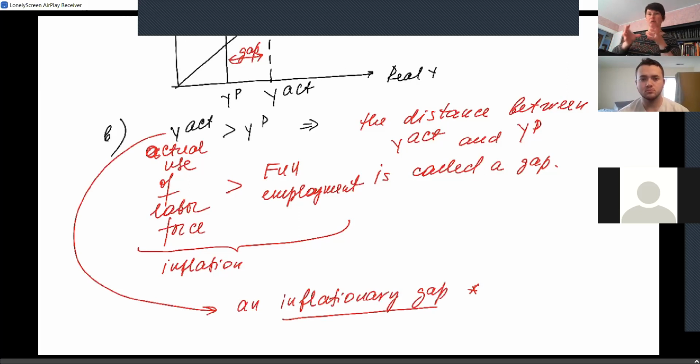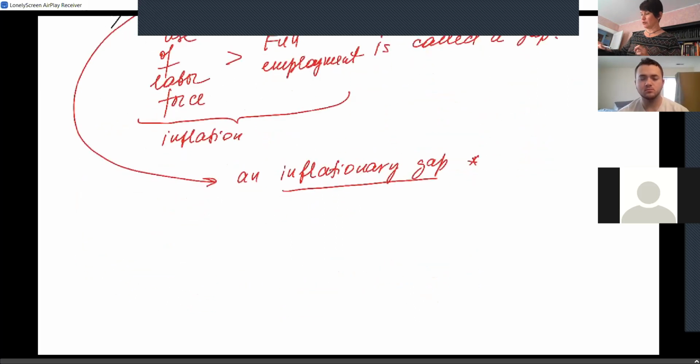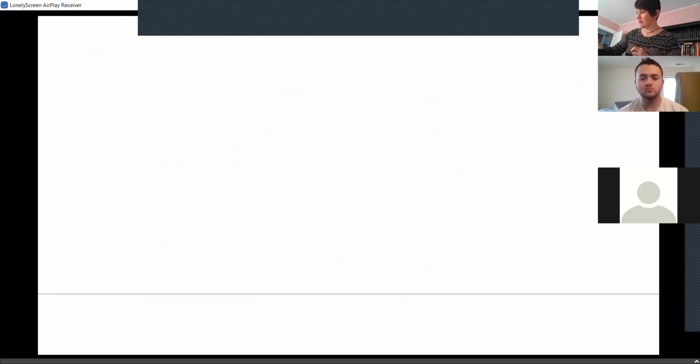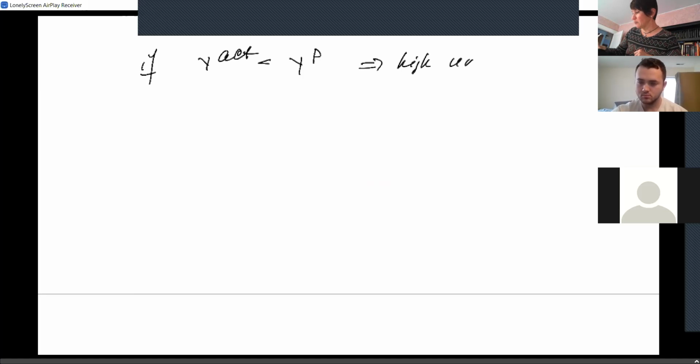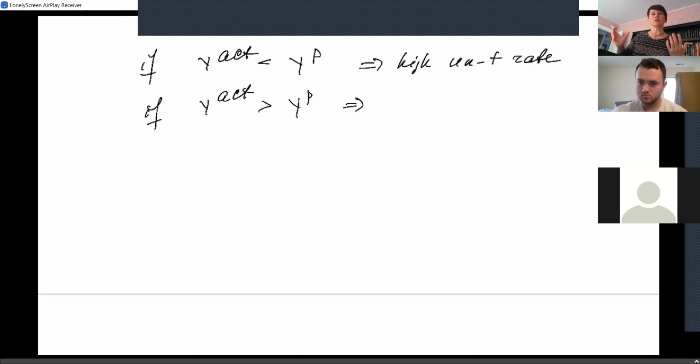Let's move to a very important conclusion. I'm going to move to a new page. When actual GDP falls below potential, that is bad, and leads to a high unemployment rate. If actual GDP exceeds potential, that leads to a continuous increase in prices, inflation.